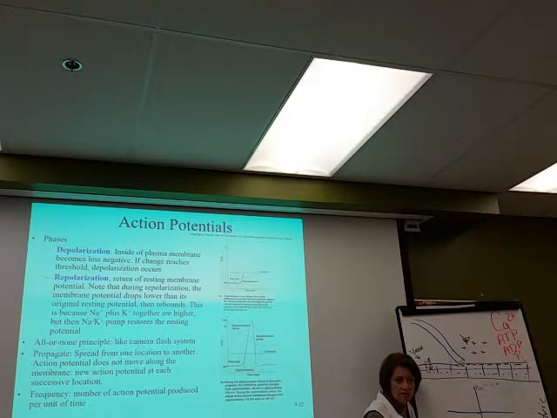Is that correct? So to make it more positive, I've got to move in the positive direction, right? So if I get that influx of those positive ions, the sodiums, there's an area called threshold, okay?